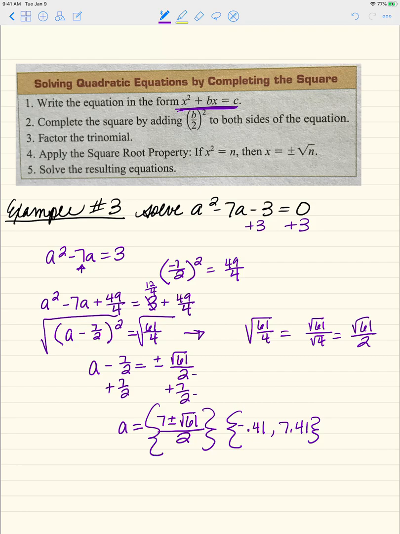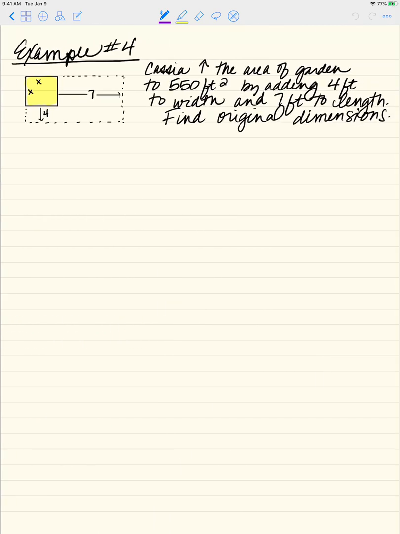Okay, all right. Example number 3 illustrates that the sign of b can be ignored when b over 2 is squared. Leaving the expression as b over 2 squared may make the factoring of the perfect square trinomial easier. Let's look at a story problem.